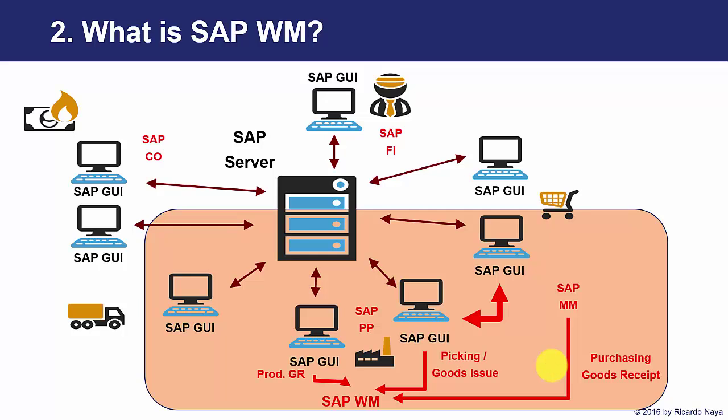Once the production orders or process orders are finished, they will enter the finished or semi-finished products into the warehouse again.